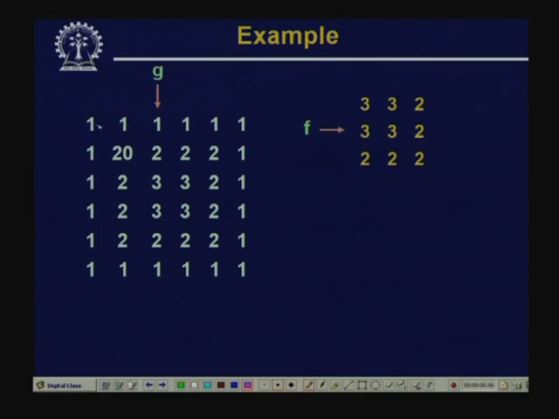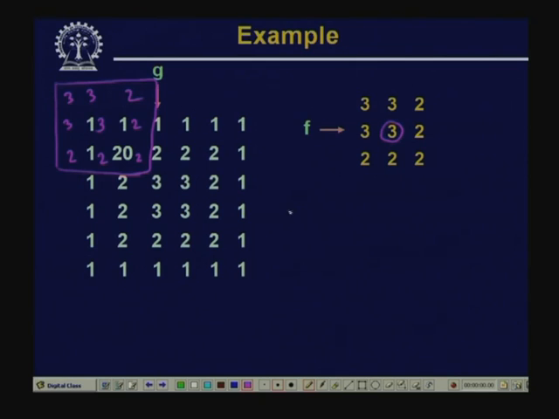Because of this, 3 will be placed over here, this particular element will be placed over here, this 2 will go here, this 2 will come here, and on the left hand side, the other part of the template will be like this, 2, 3, 3, 3, 2. This will be the position of the template, and at this location we have to find out the similarity value.